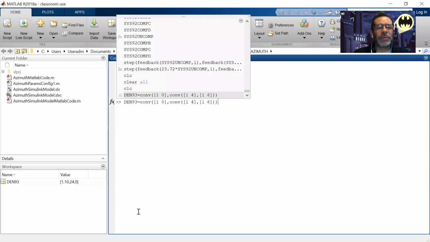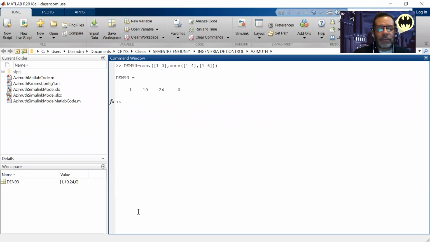That's going to be the denominator, and we're going to be using that one. And sys93 uncompensated is going to be the transfer function of 1, we can just leave a 1 there, comma den93. So this is going to be the uncompensated system.